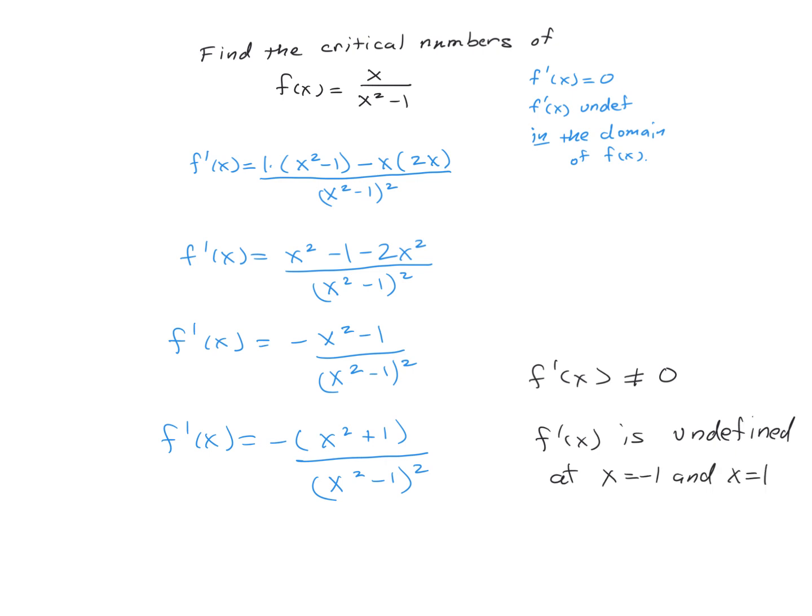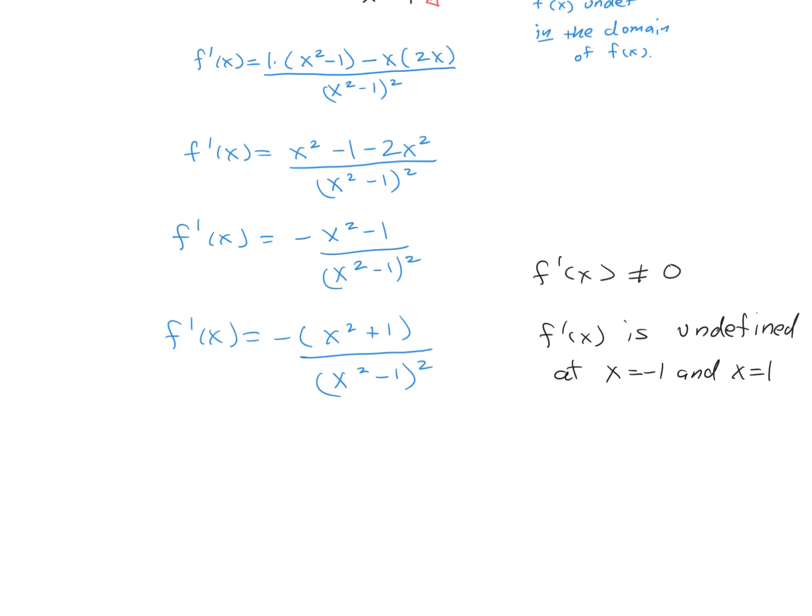But neither one of those numbers is in the domain of our original function, because they would have us dividing by 0 in the original formula f of x. So even though those numbers make our derivative undefined, they are not critical. All right, so x equals -1 and x equals +1 are not critical numbers.